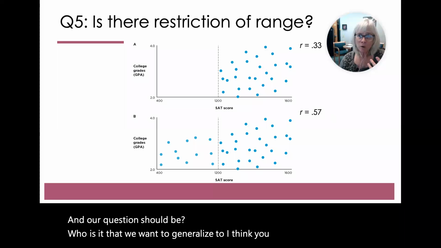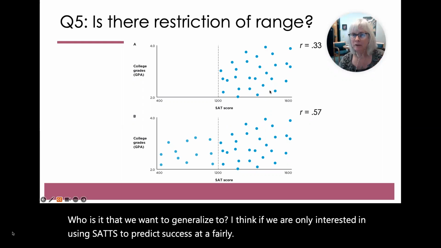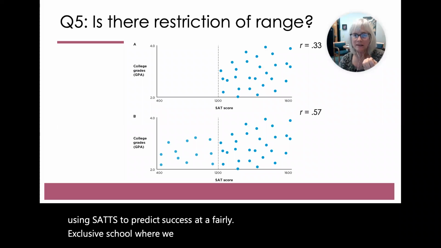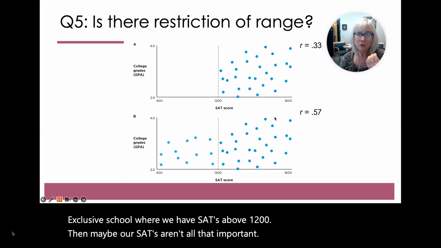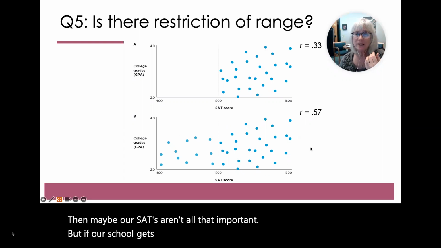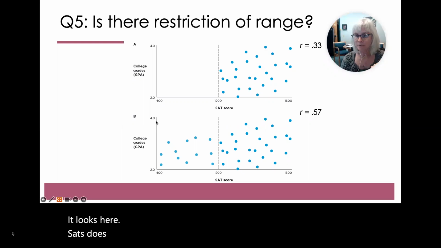If we are only interested in using SATs to predict success at a fairly exclusive school where we have SATs above 1,200, then maybe our SATs aren't all that important. But if our school gets a very diverse set of applications, then it looks here like SATs does predict success and does predict it remarkably well.